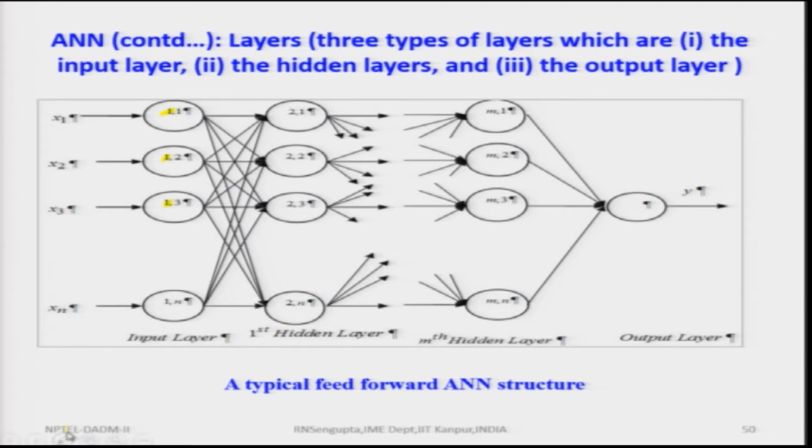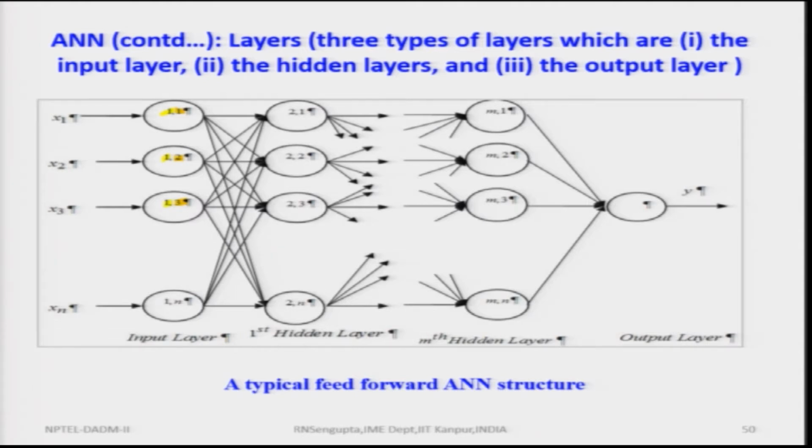The second number is for the node number in that layer. So, 1 1 means the first layer's first node, 1 2 means first layer second node, 1 3 means first layer third node. You can basically have n such nodes for the first layer. In the second one, the nodes are marked as 2 1, 2 2.